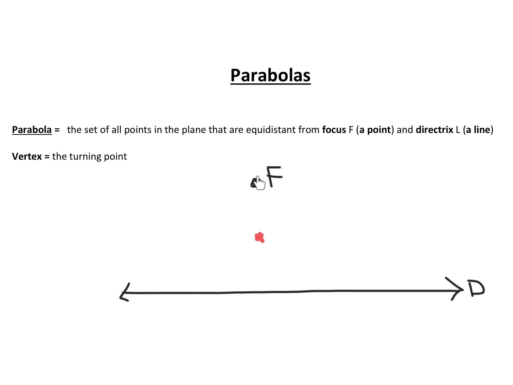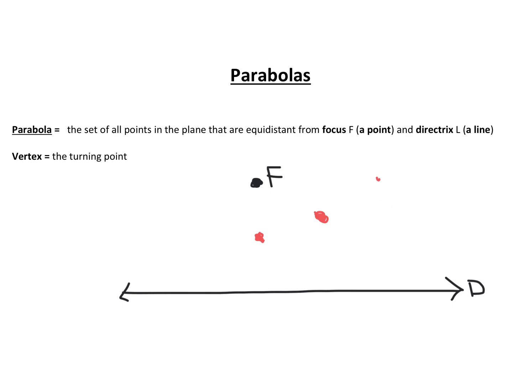Now, let's say I went out in this direction and I went up, right? What I'd notice is there's a point right here, somewhere about here, that's an equal distance from, well, that looks a little closer to the focus, but that's the same distance from the focus and the directrix. Now, let's say I went in this direction. Somewhere out here, there'd be a point that's an equal distance from the focus and at the same time an equal distance from the directrix.